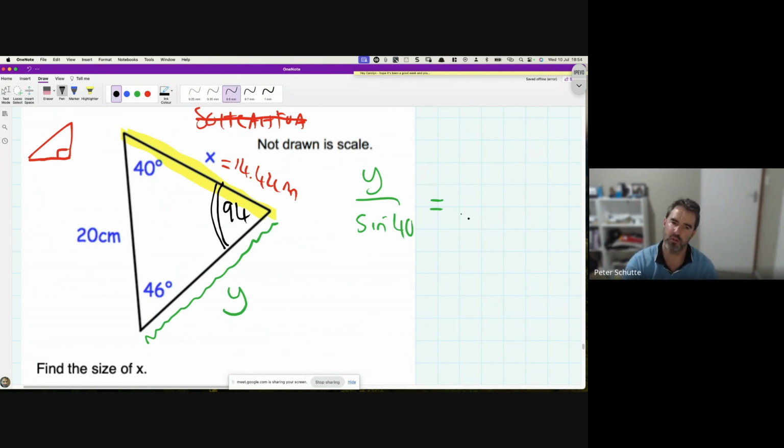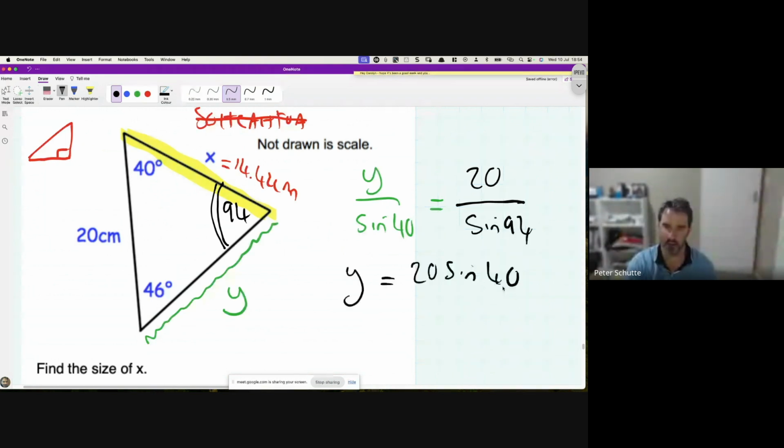What do we think this is going to be for y? I guess I would use the 20 over sine to help. And then 20 times the sine of 40 over the sine of 94.